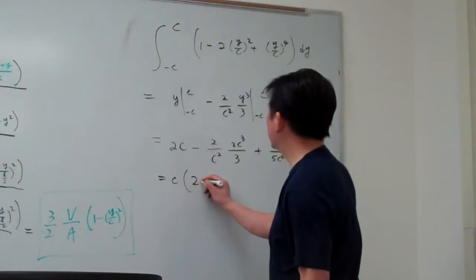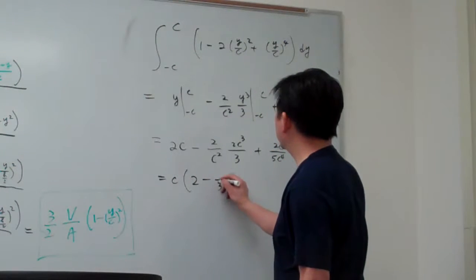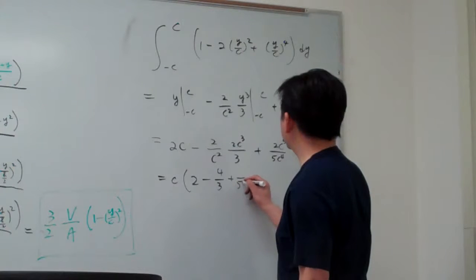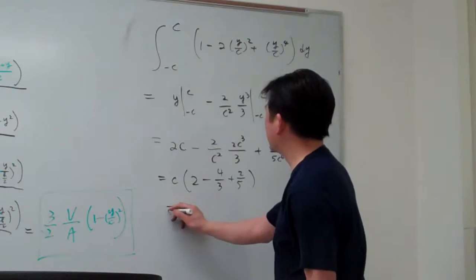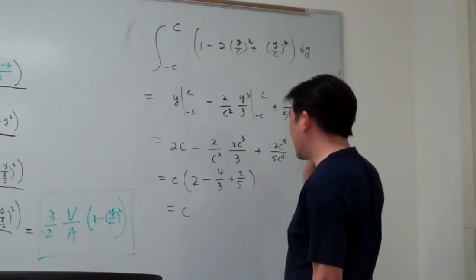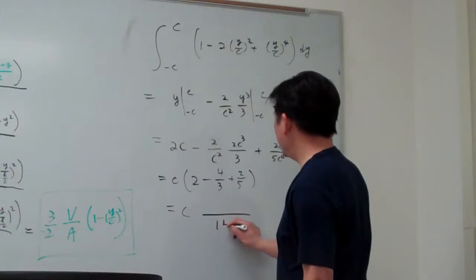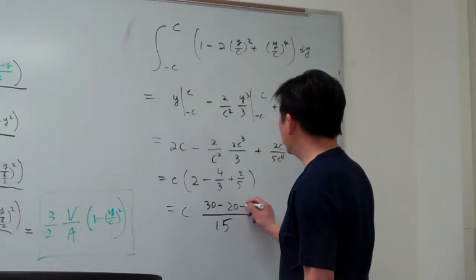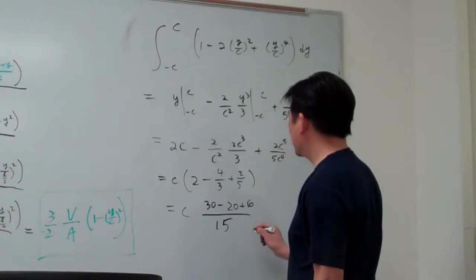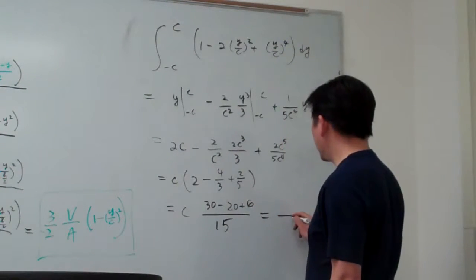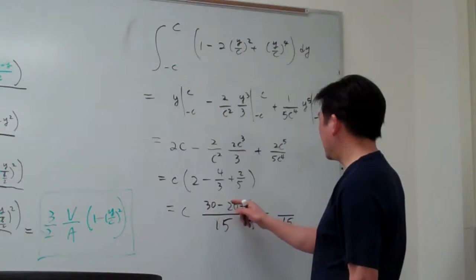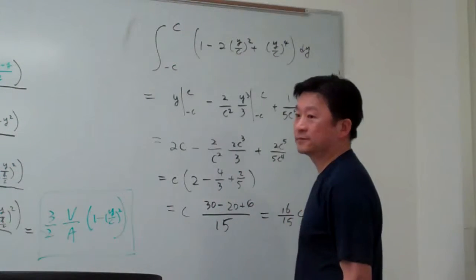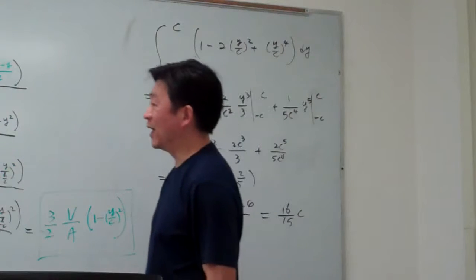So c times 2 minus 4/3 plus 2/5, that is 30 minus 20 plus 6 over 15, so that becomes 16c over 15. Hopefully.